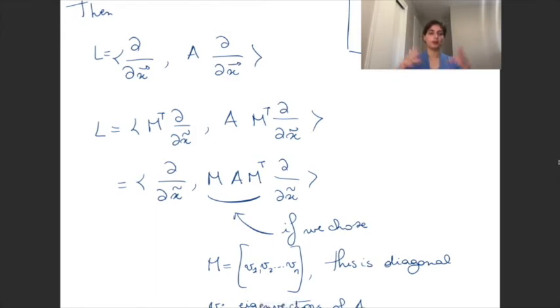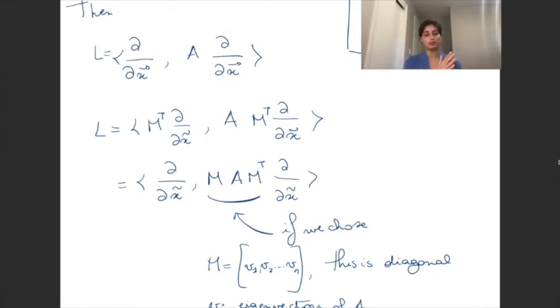Then we look at our linear operator written as an inner product, and we replace delta over delta x by m transpose delta over delta x tilde. We can move m transpose from the left to the right by canceling the transpose.